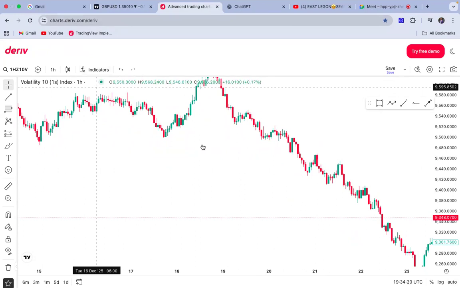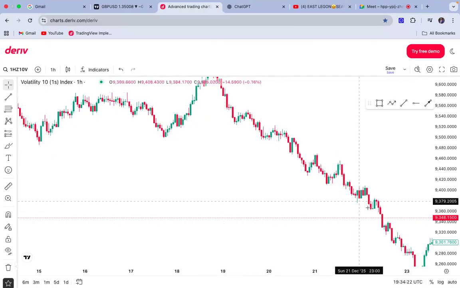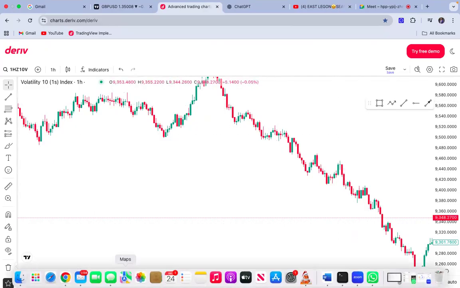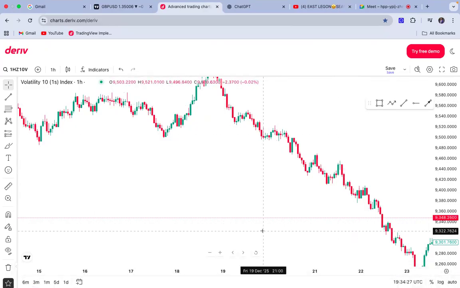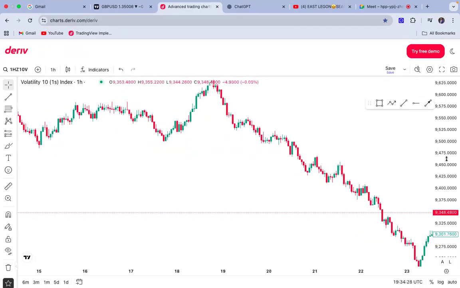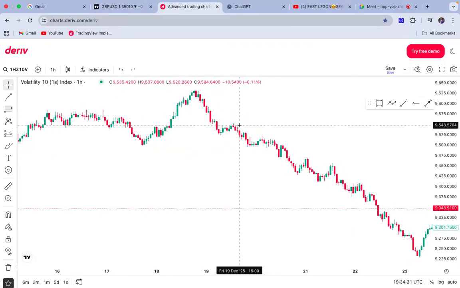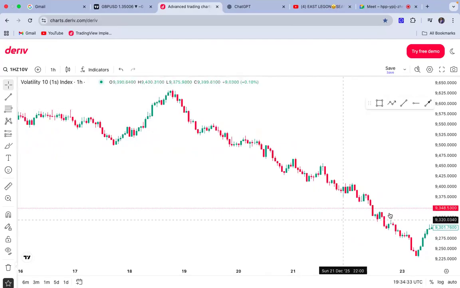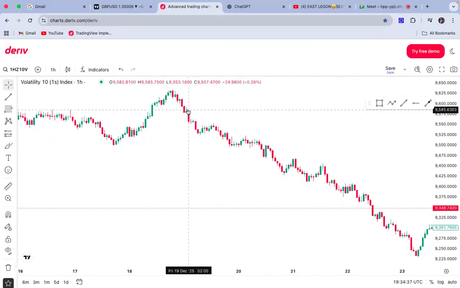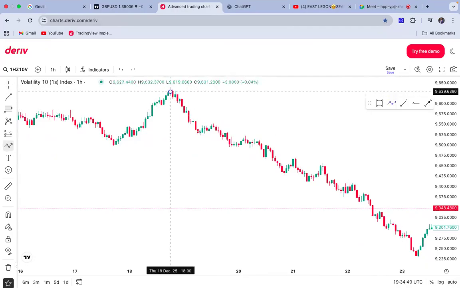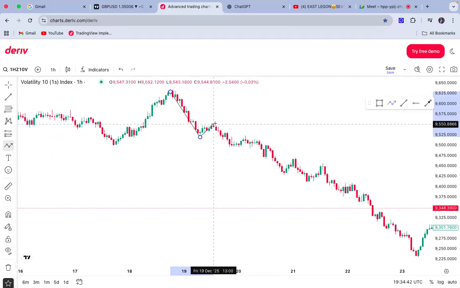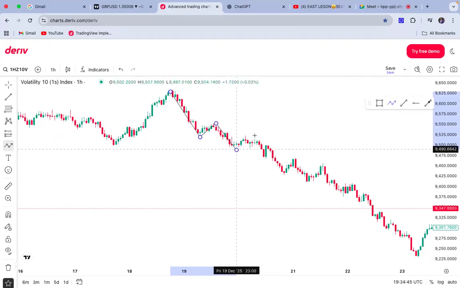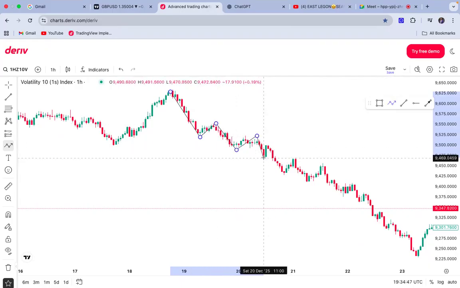Yeah, so we are going to analyze this part of the charts. All right, so I can see that this is a clear downtrending market. And just like I showed you, it drops down, then it goes up, drops down, then goes up, for the downtrend.